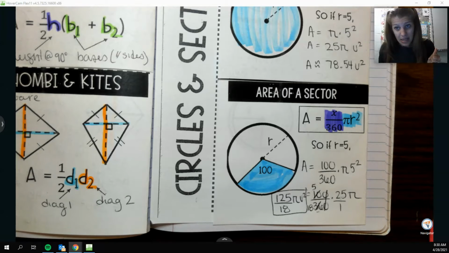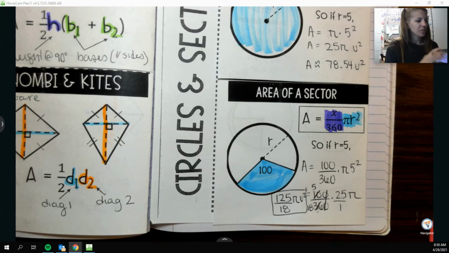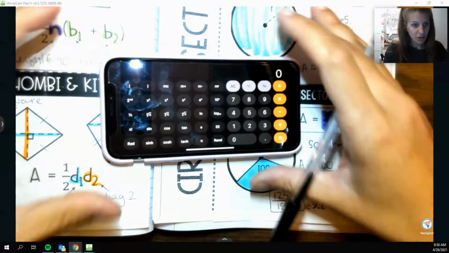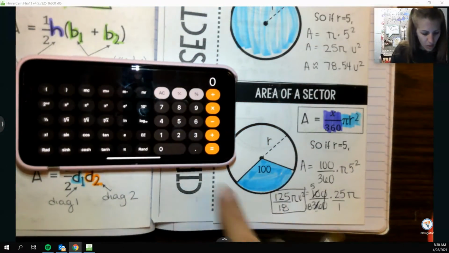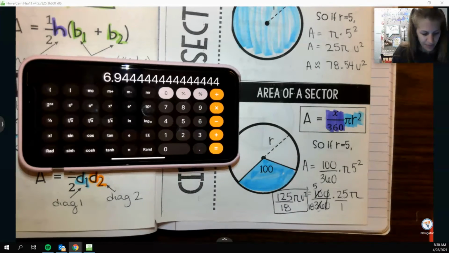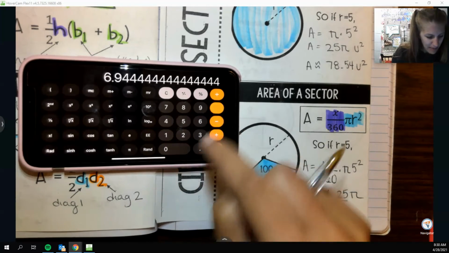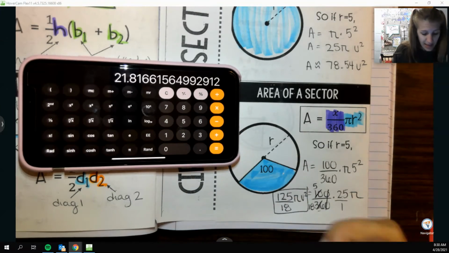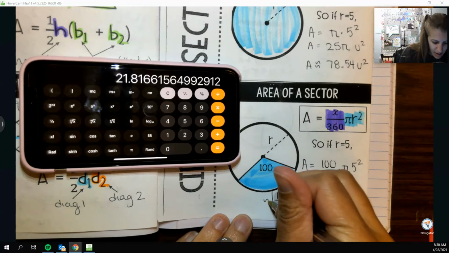But if I want the approximate one, I'm having to go to my calculator now and turn it sideways. Oh my gosh, look how dirty that is. Yuck. 125 divided by the 18, and then multiplying that by pi. Because again, sometimes we want approximate area.